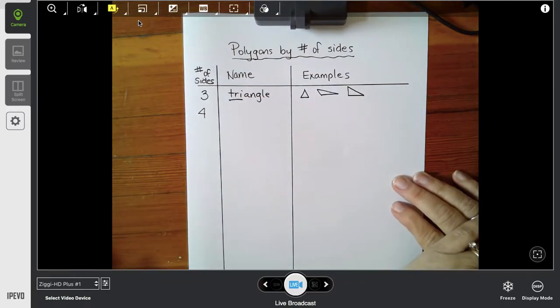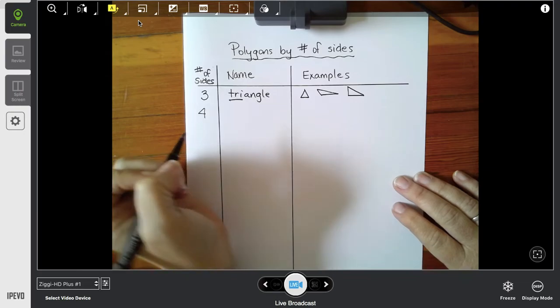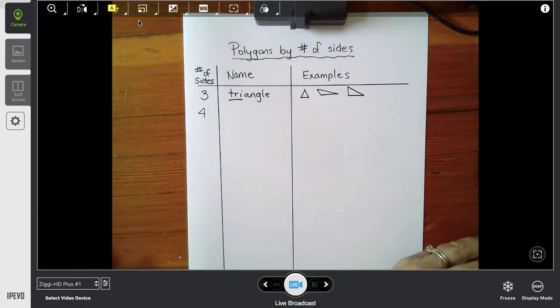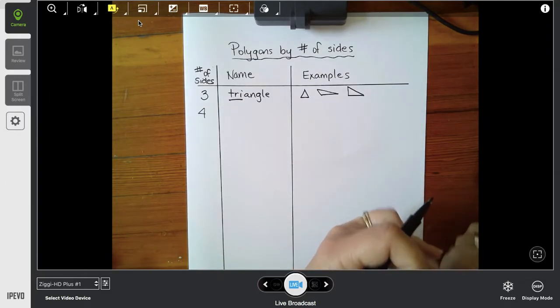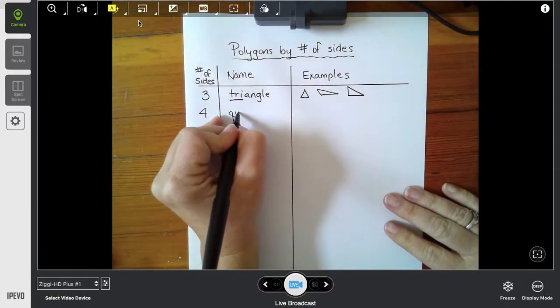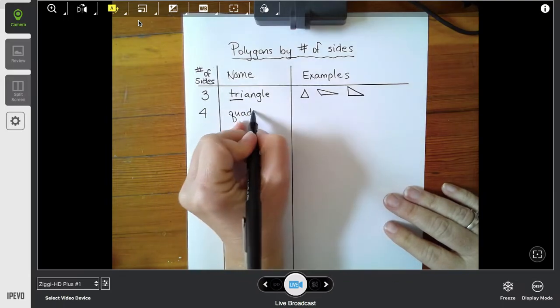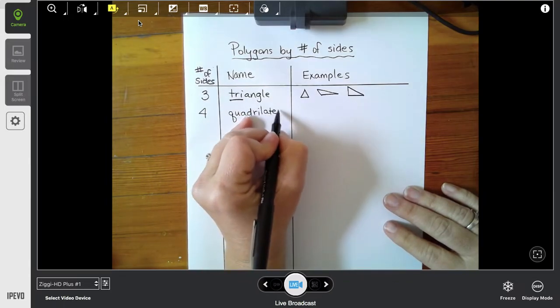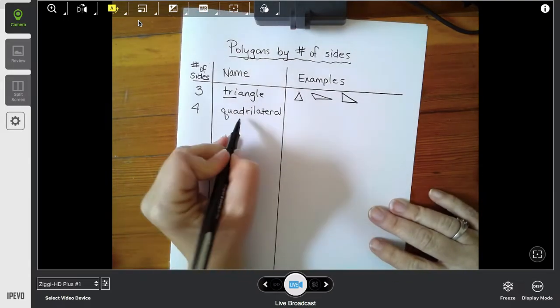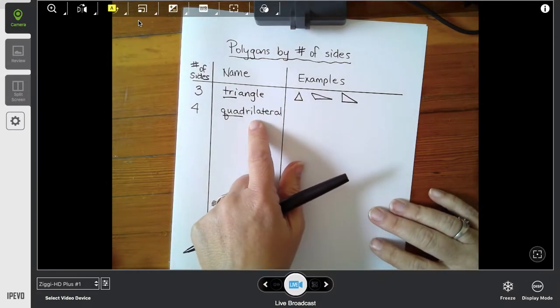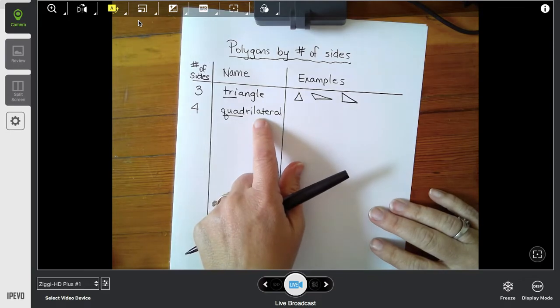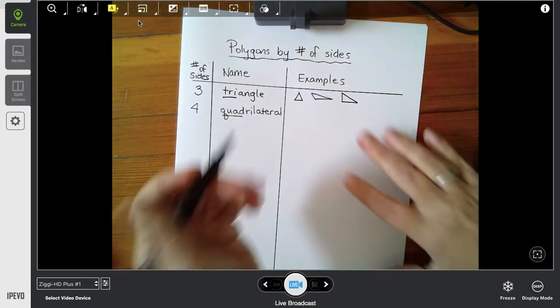A 4-sided figure, just like when you use the root for 4, quad is your quadrilateral, quadruplets, anything that has quad in it is 4. So quadrilateral is a 4-sided figure. Quad means 4, lateral means side. Your lat muscles are in your side.